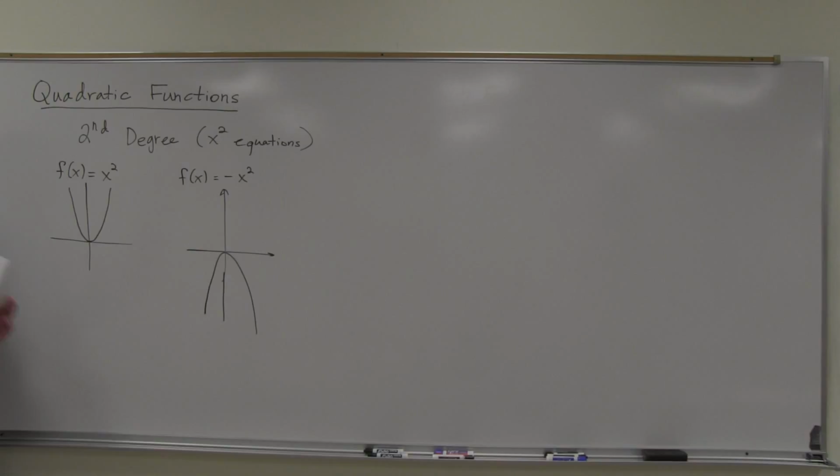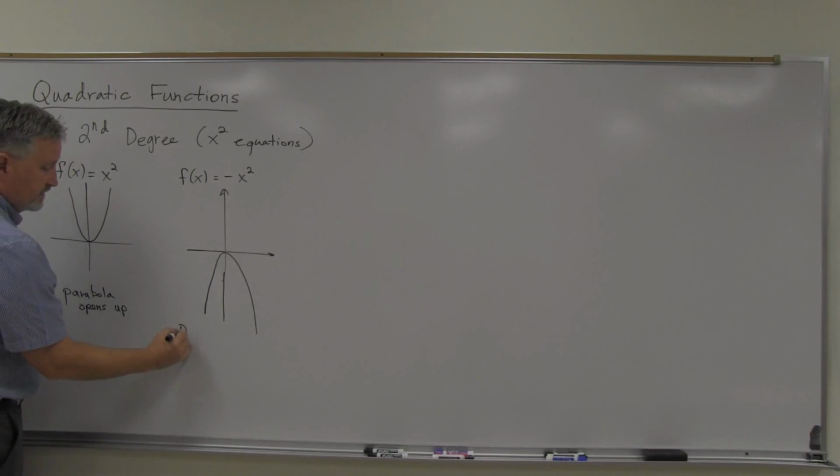But those are the two types of parabolas that we'll talk about here. So this would be a parabola that opens up, and this will be the parabola that opens down.